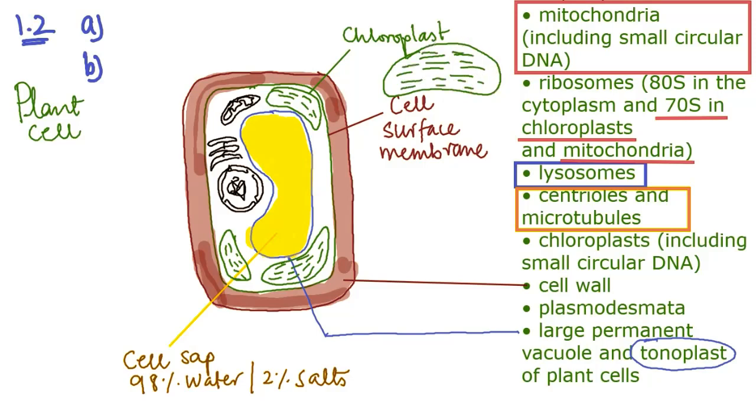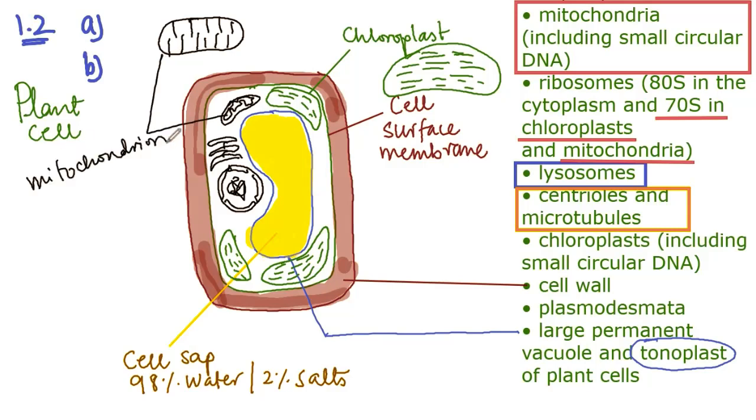While in the mitochondria, the lines could be seen within the mitochondria. So this is a way to recognize whether it is a mitochondrion or a chloroplast. Mitochondria have lines which are not parallel lengthwise, they are vertical lines over there, which clearly indicates that this is representing the mitochondrion.